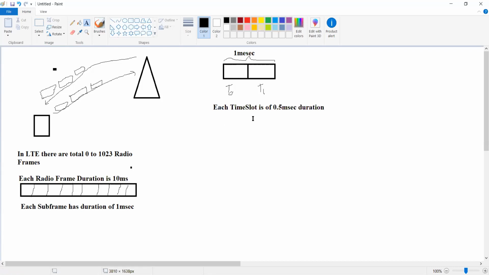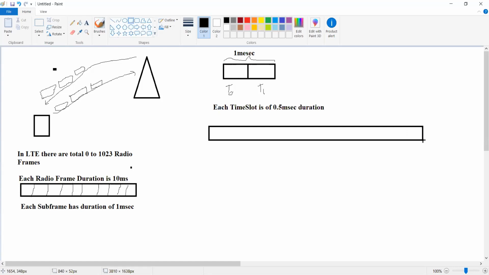It is nothing new. It is the same thing that was present in 2G, 8 time slots, and 3G, 15 time slots. So we can say that overall, one radio frame, if we consider 10 millisecond, we can divide it as 1 time slot, 2 time slot.